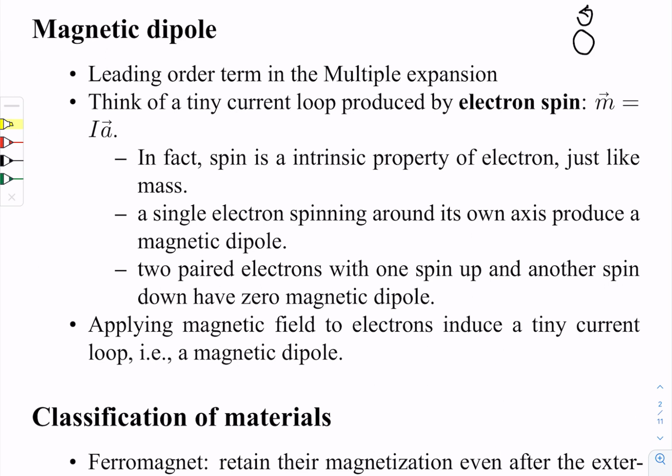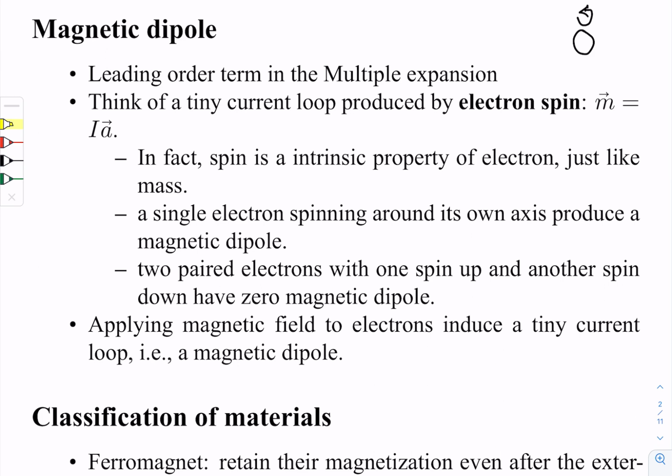Now you can see that depending on the material, some materials have completely filled electron orbitals, such as helium and argon, and some materials have unfilled orbitals, like hydrogen and lithium.